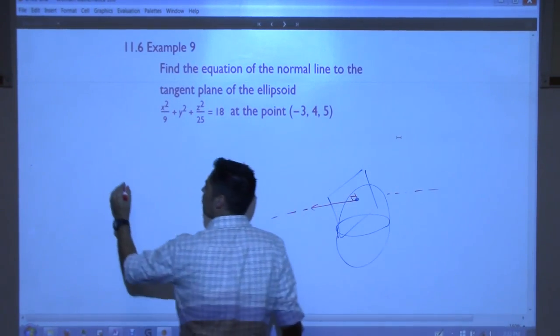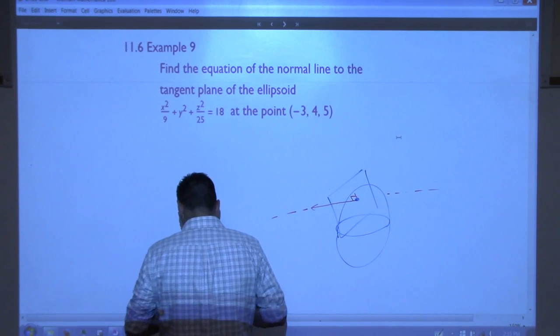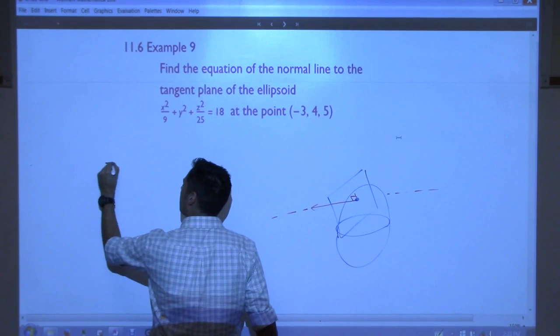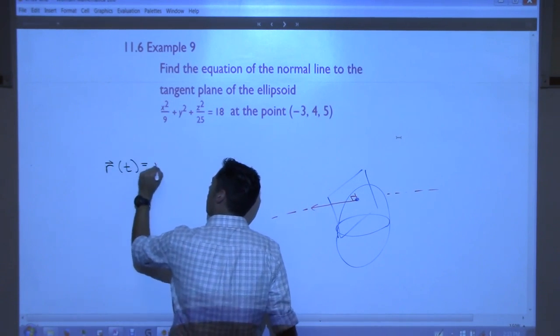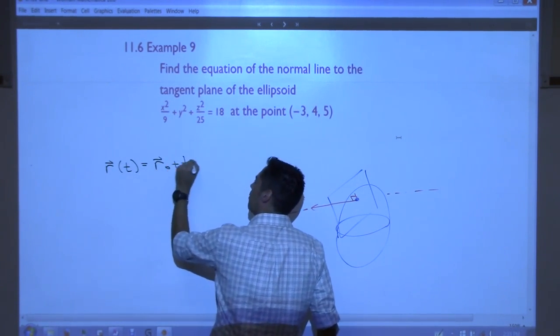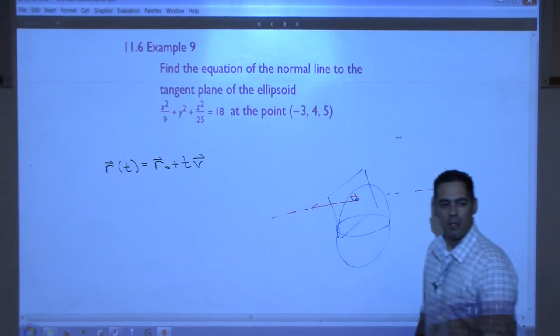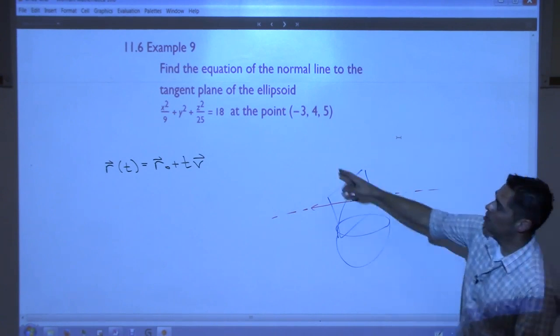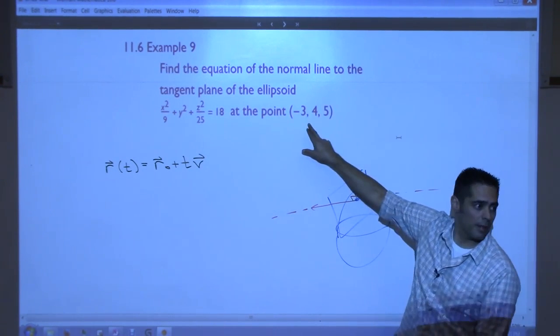So for that line, what did we use for lines? R of t. Thank you. R of t equals R naught plus tV. Remember that? R naught is a vector that you create from any point on the line, which we want the normal line to go through that point.